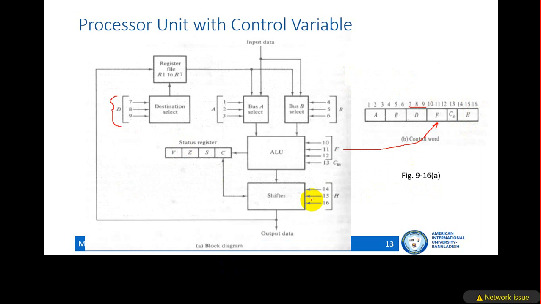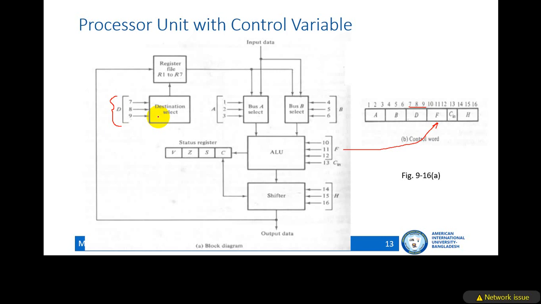So what do we see over here? If you write a control word like this and output it, with this control word we can control the operation of the entire CPU. Suppose you want to perform A plus B. Just properly write the control word and output it on the system bus, and A plus B will get performed with a single clock pulse.